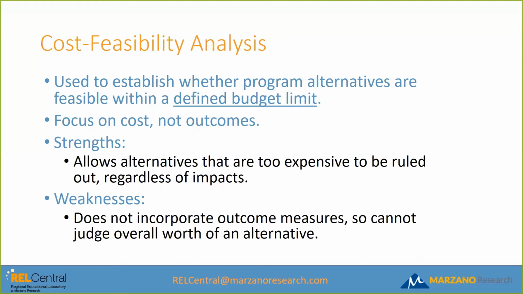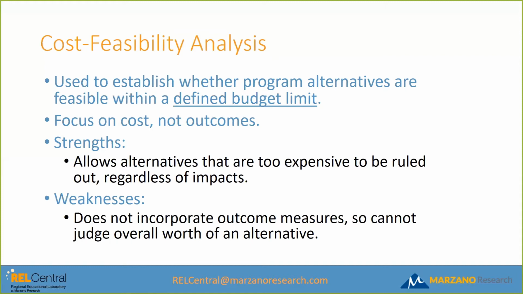The next cost analysis approach we're going to look at is called cost feasibility, and this is probably the most straightforward and simple approach. Really what it's used for is to basically use cost as your primary, if not only, criteria for making a decision.